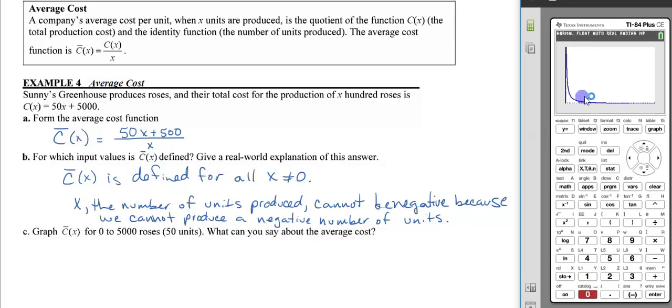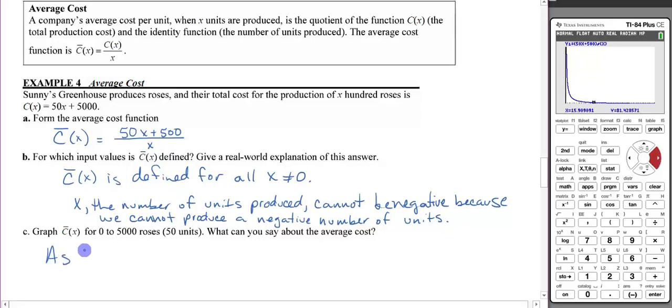So you can see, we can even trace this. Our x value is the number of units, that's what x represents. As the number of units increases, then y, which represents your average cost per unit, decreases.